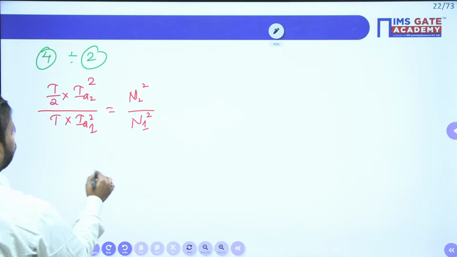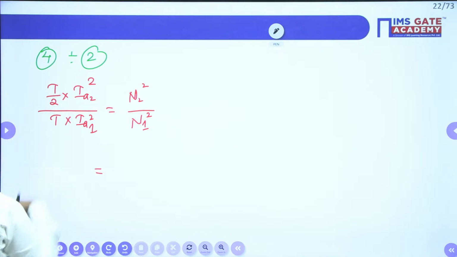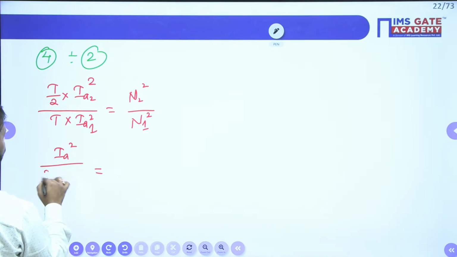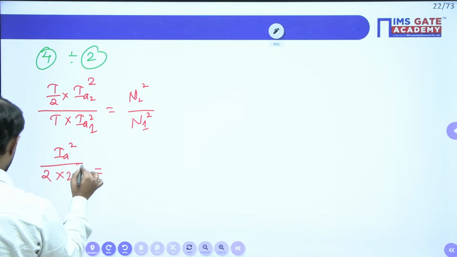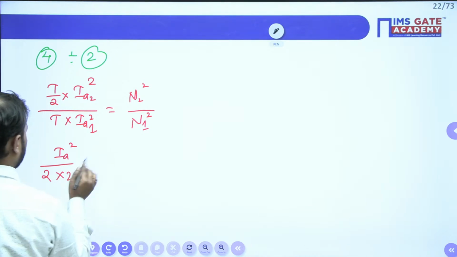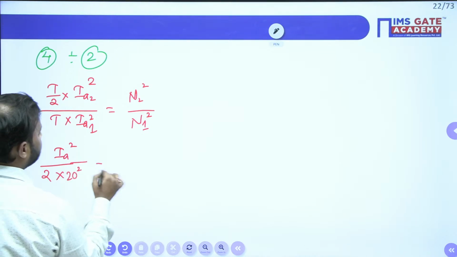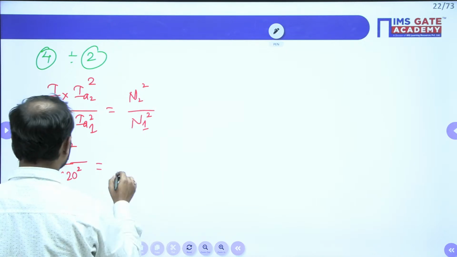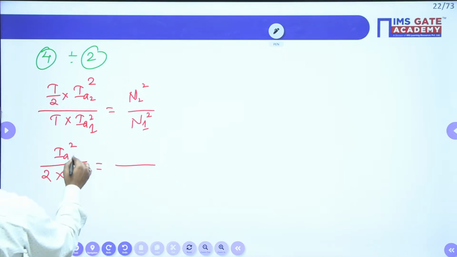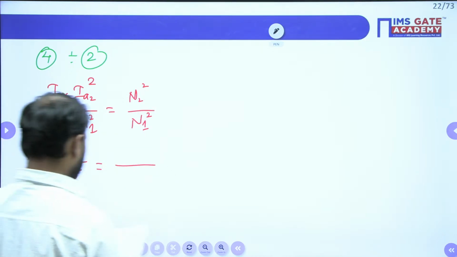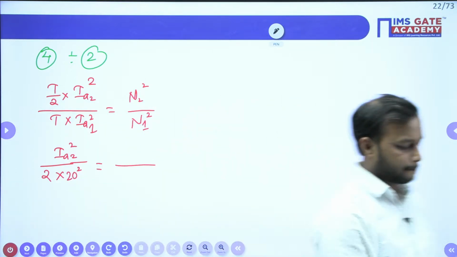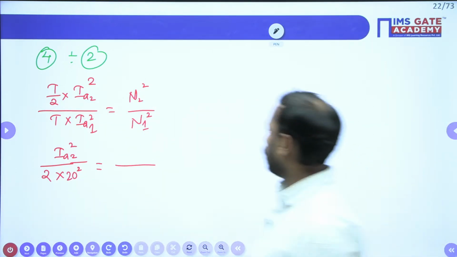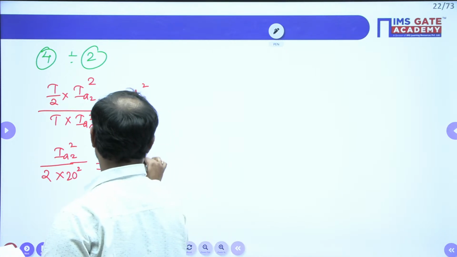All right. So T will be cancelled out. So Ia2 square divided by 2, Ia1 is 20, sorry, 20 square. This is equal to... N2 is given in the question. So let me take this as N2.